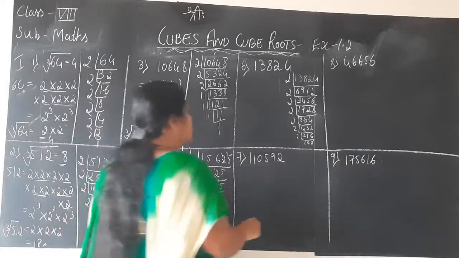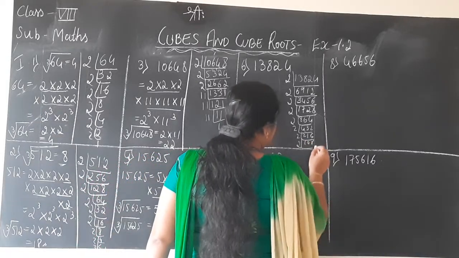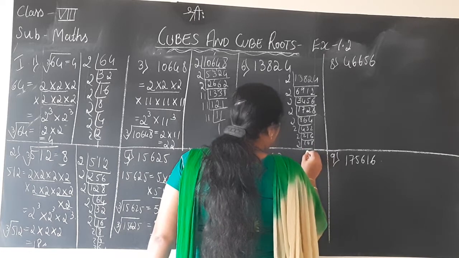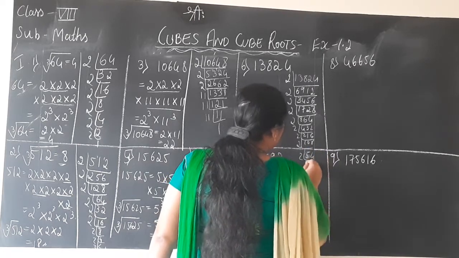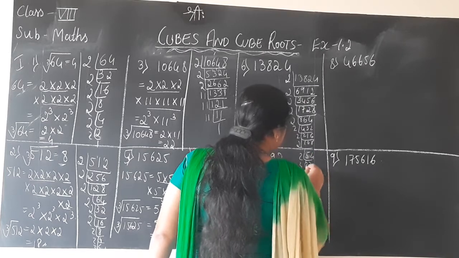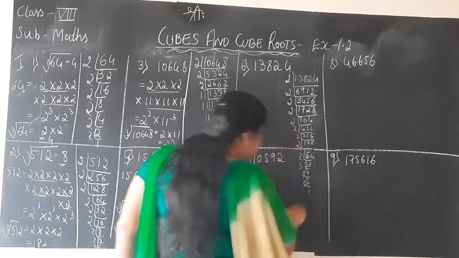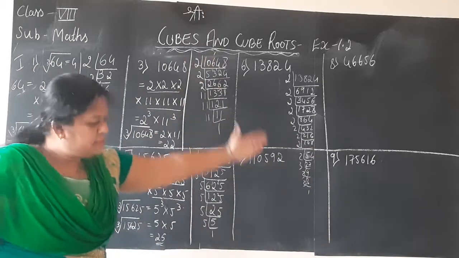I already explained to you. I will continue here only. 2 5s are, 2 4s are, 2 2s are, 2 7s are, 3 9s are, 3 3s are, 3 1s are. Such a big tail we got.